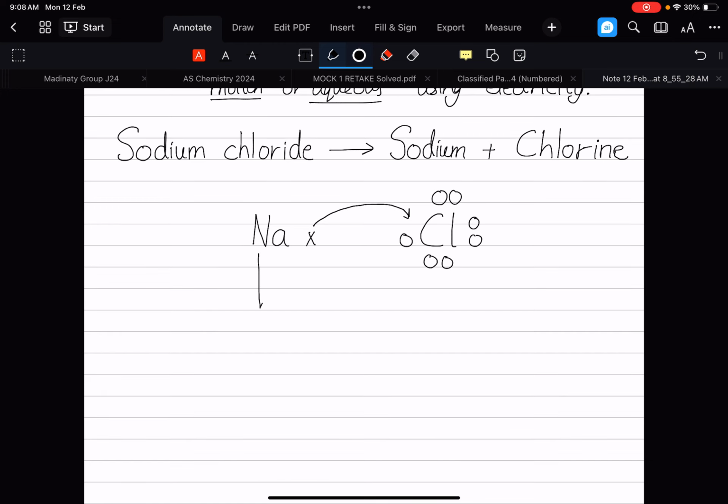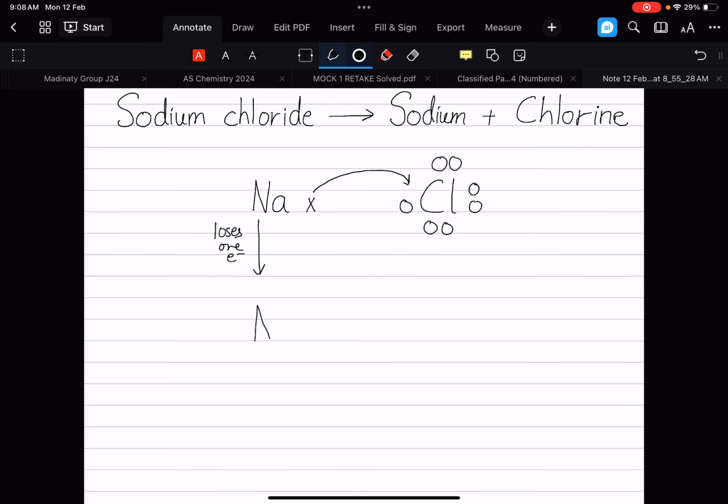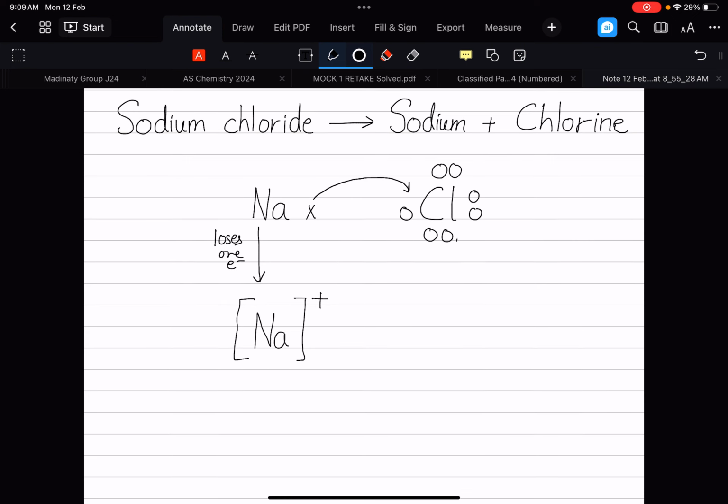So the sodium atom loses one electron, giving us a sodium ion. This is what happens during the formation of the ionic compound sodium chloride. And also the chlorine atom gains one electron, forming the chloride ion, which is negatively charged.